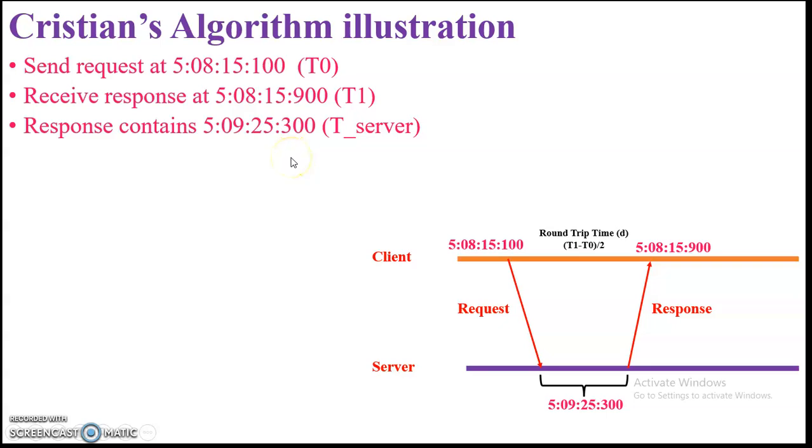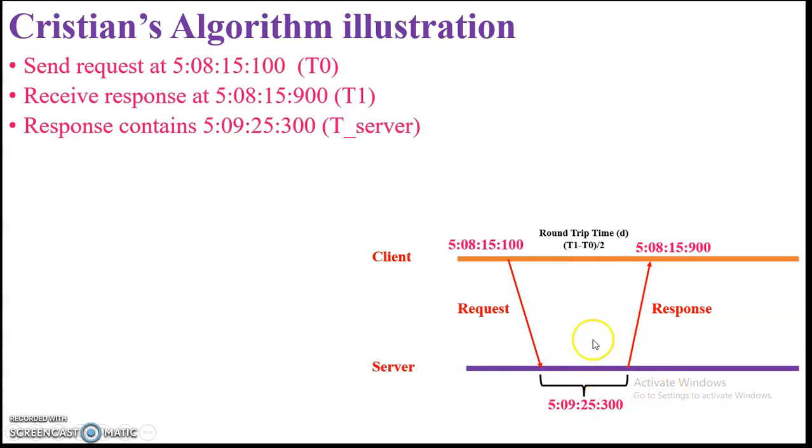Now we will look into the example and the picture will be clearer to you. So just look at this diagram. Send request, that is T0, is done at 5 hours, 8 minutes, 15 seconds and 100 milliseconds. So the client makes the request at this timestamp and this request arrives at the server.